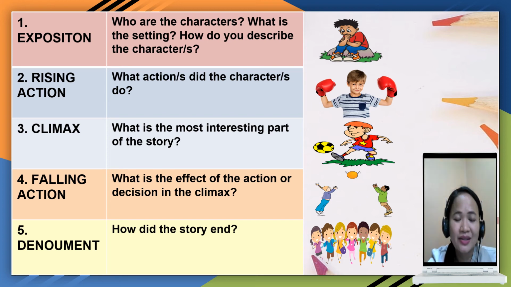In the climax, which is the most interesting part of the story, the boy started to play ball. In the falling action, the effect of the action or decision in the climax, the boy started to play with others. And the ending or denouement, the boy gained friends.